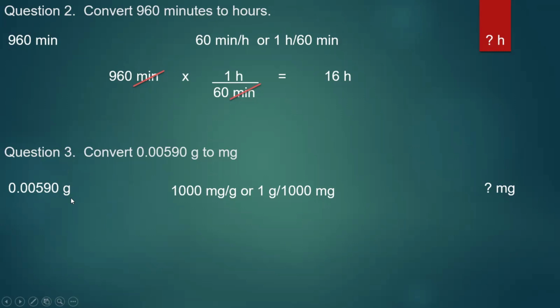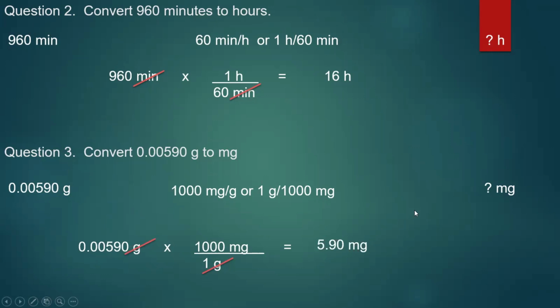Now we have grams over here, so we want grams to be in the denominator. So that means we need to multiply by this one. All right. So when we multiply by 1,000, that means we can move our decimal over 3 places. So our answer will be 5.90 milligrams.